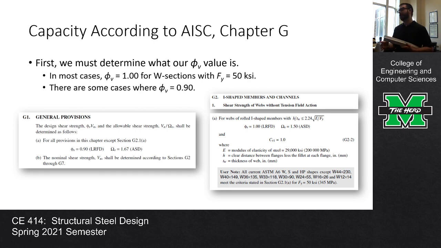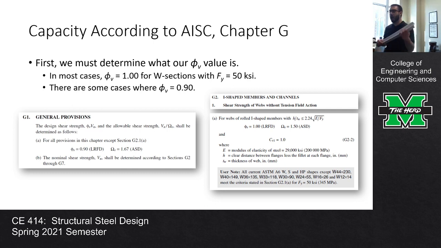For W shapes, because of the way that we manufacture them, the webs are so stocky that you end up having so much shear capacity. It's also reflected in the equations. The way the spec reads, it says that for all provisions in the code, phi is 0.9, except for cases governed by a particular section.